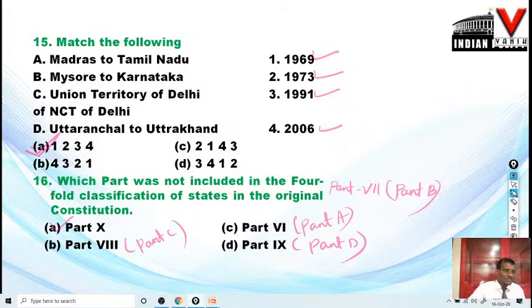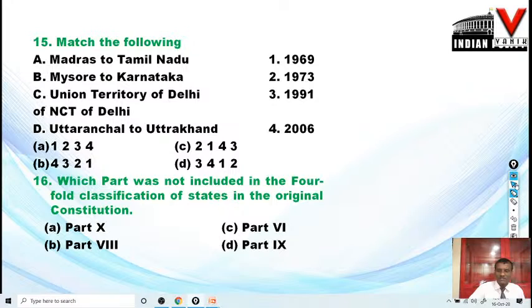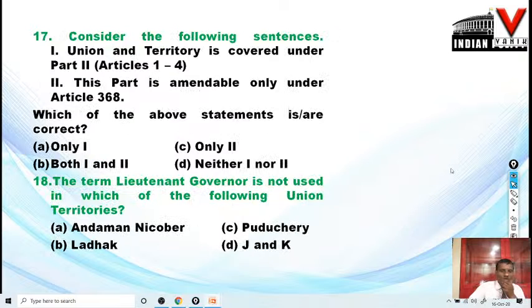Okay, so that is the thing about it. We should finish the class soon. Consider the following statements. Union and its territories are covered under Article 1 to 4. The part is amendable only under Article 368. Union and Territory is covered under Part 1, not Part 2, so that is wrong.